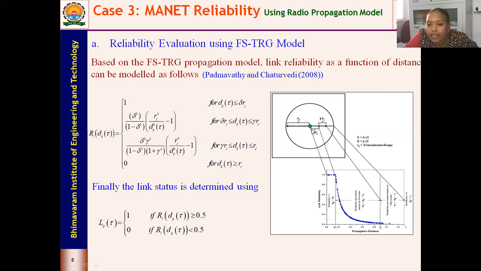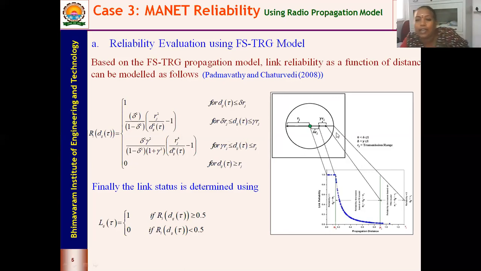If the distance is delta Rj, what is going to be my link reliability? If the distance is from delta Rj to gamma Rj, then what is my reliability? And from gamma Rj to Rj. That means I am splitting the total Rj into different slots, and at each slot I am going to calculate the reliability.